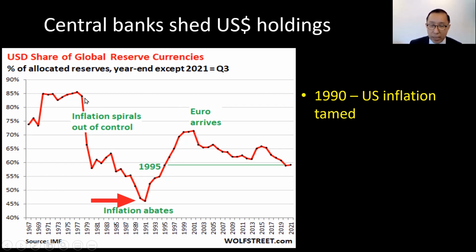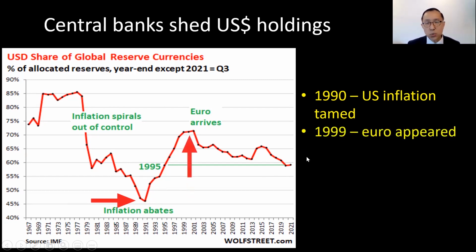People were getting rid of the US dollar because they felt that the US wasn't controlling their inflation. But from 1990 onwards, they started to accumulate US dollars again, right up to 1999. That's when the euro was introduced. With the introduction of the euro, people felt that, well, let's diversify. After all, there is another currency around. And so they did. And again, the share of US dollar reserves began to fall.